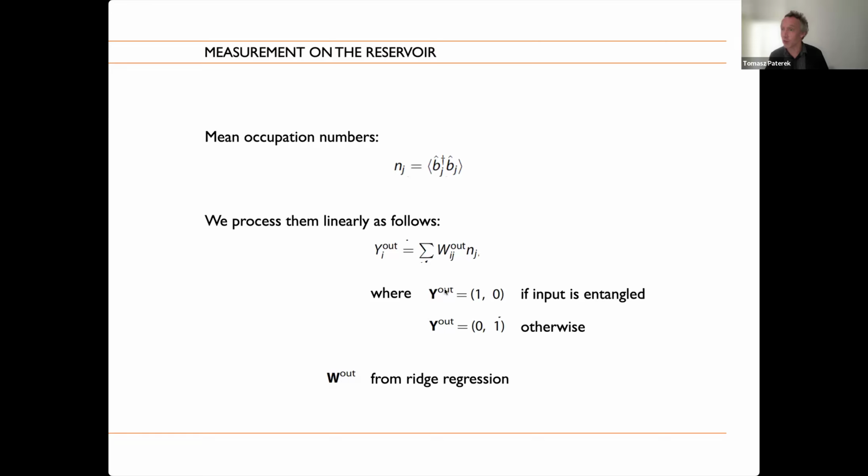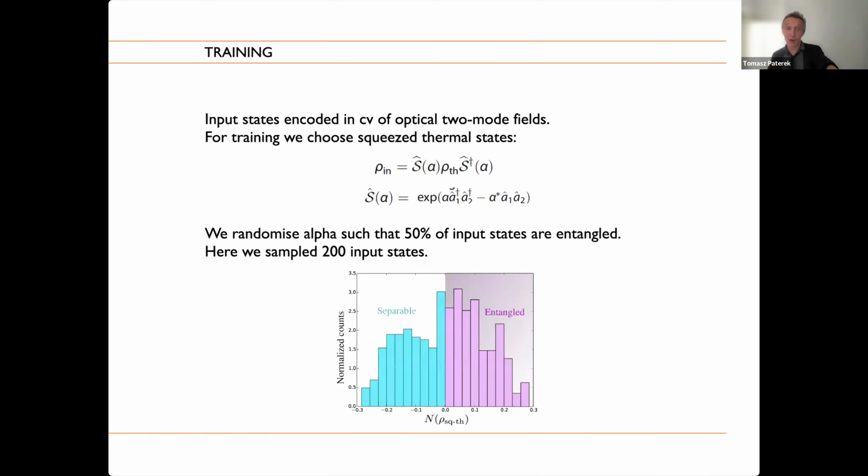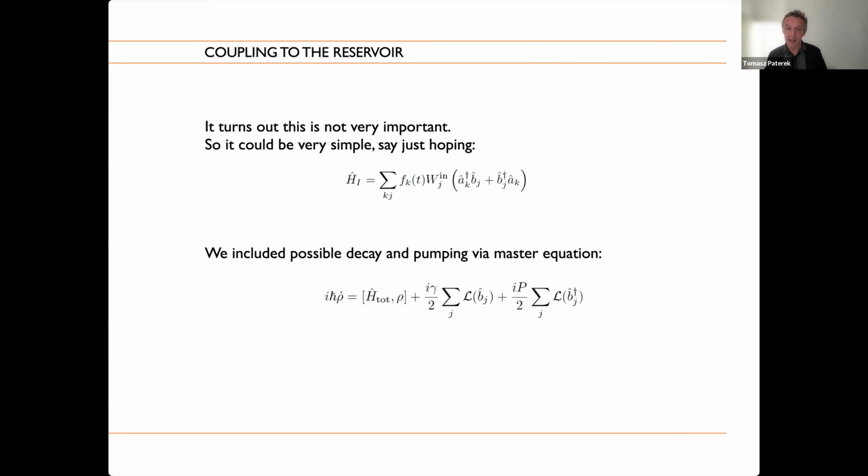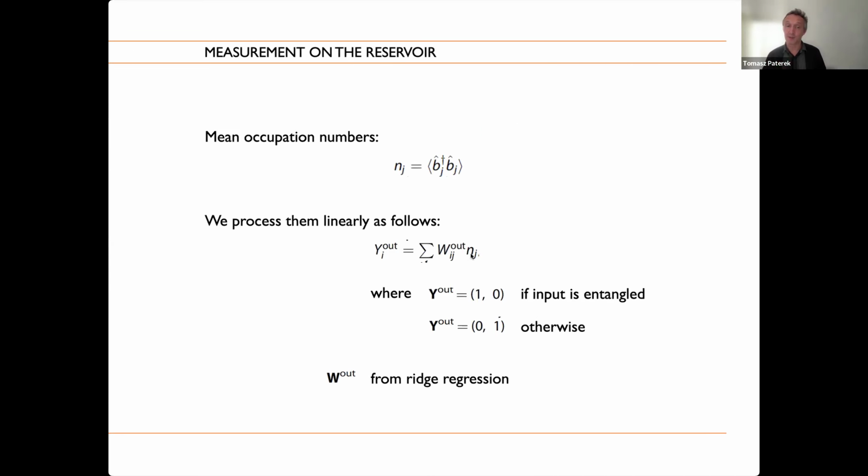And whenever the state was not entangled, the output is the vector (0, 1). And then there is a well-known method, so-called ridge regression, by which, given a number of such input states, in our case I think it was 100 or 200, I can look it up, 200 input states, and many vectors of occupation numbers, you can work out the elements of this matrix.